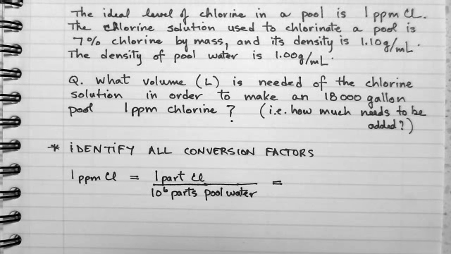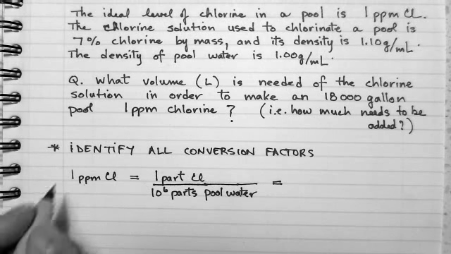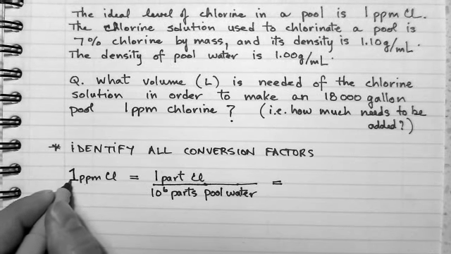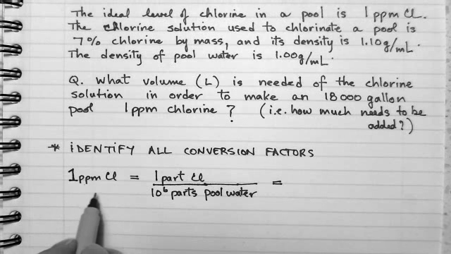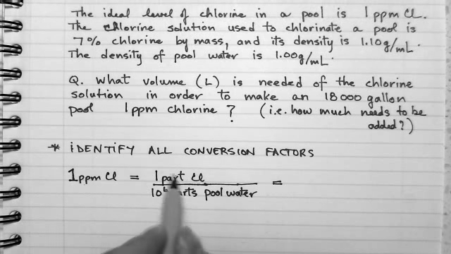And because we're looking at density and mass percent composition in the chlorine solution, my guess is that what's really going to help us here is units of mass. So when we see the description part per million, that's a part.